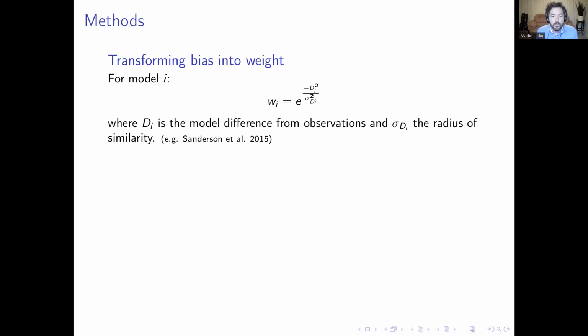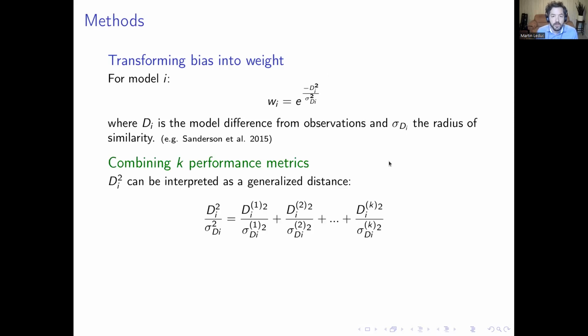For that, we will use an equation that is widely used in the emergent constraint literature. It's basically a normal distribution function of the bias of the models, the difference with observation. Here the sigma simply scales this difference. It's the standard deviation of that difference, which we estimate in this project using a large SMILE ensemble, containing many members from different initial conditions.